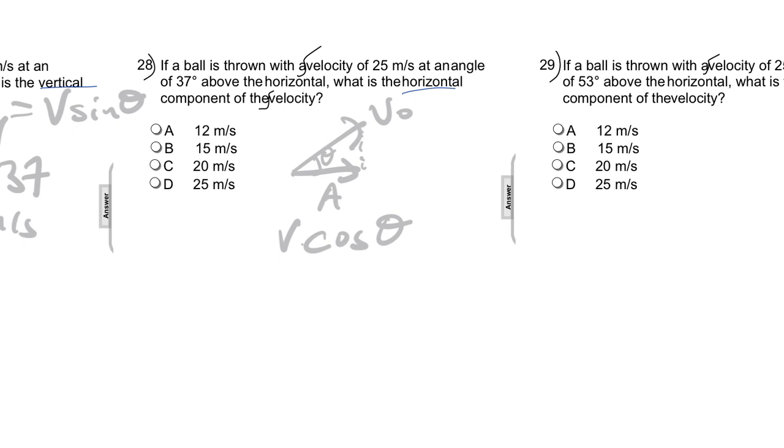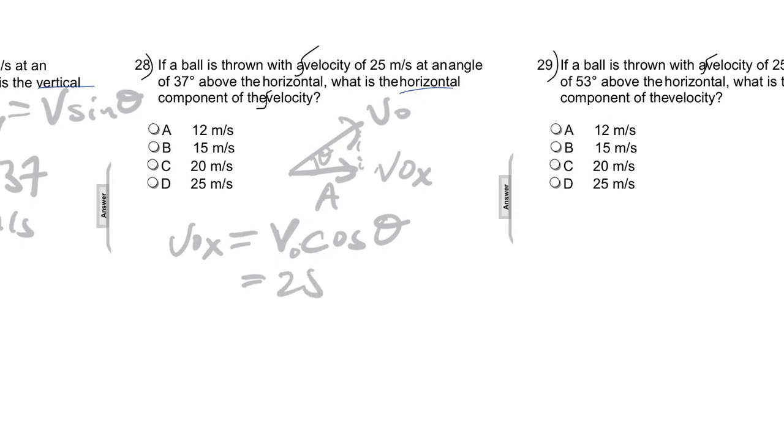Looking for the horizontal component is VOX. VOX equals V cosine of theta, which is 25, the original velocity, times cosine of 37. 25 cosine 37 is 19.96, so about 20.